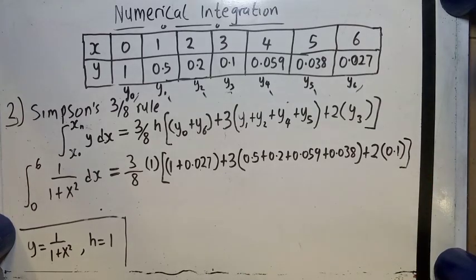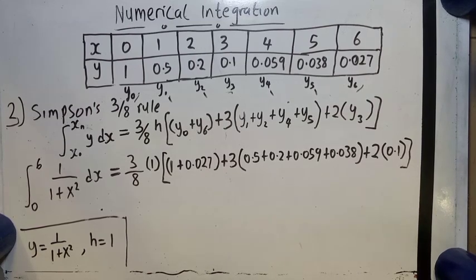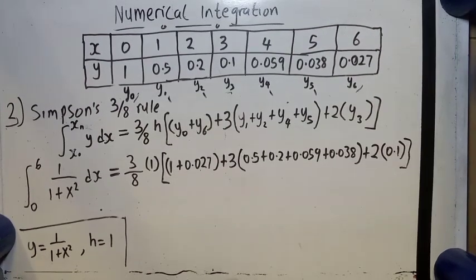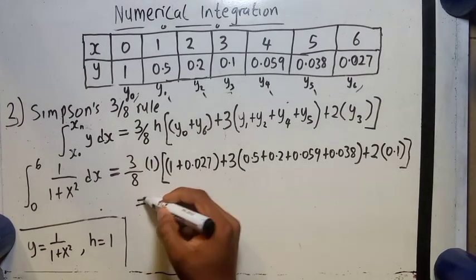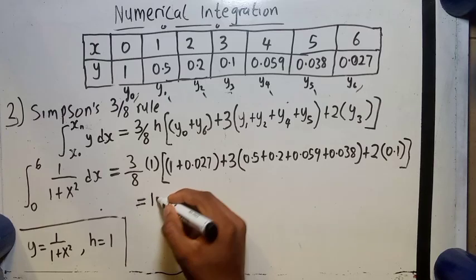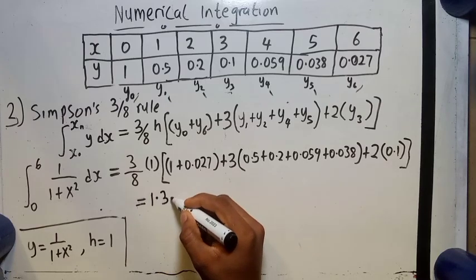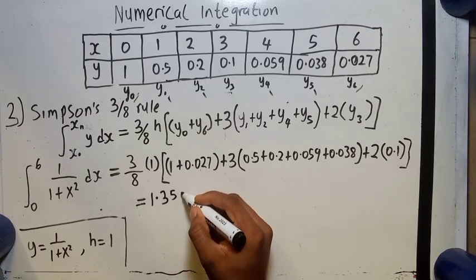Now using a calculator, let's make that question solvable. With my calculator, I got 1.357.